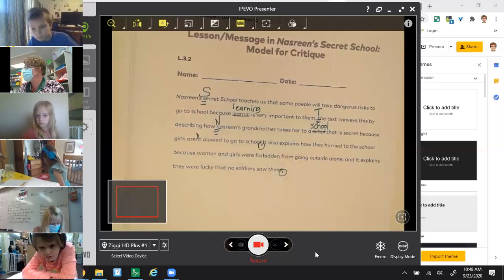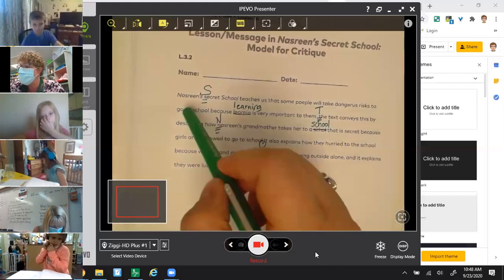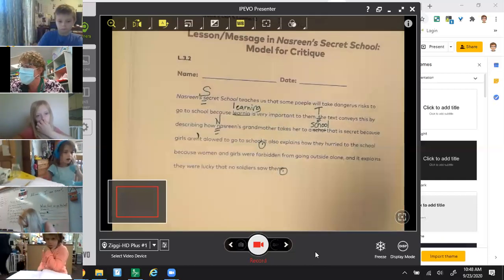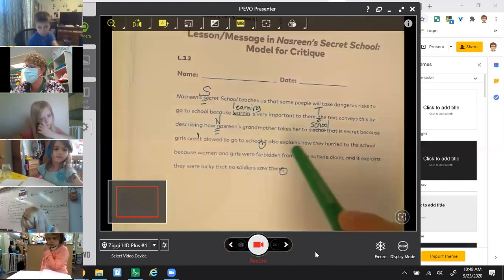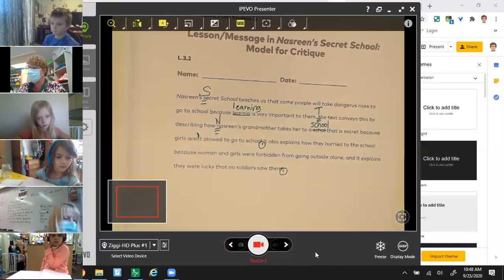Is that a good first sentence? Yep. The text conveys this by describing how the grandmother takes her to her school that's a secret. Then it also explains how they hurried to the school because women were forbidden from going outside alone. And it explains they were lucky the soldiers saw them, so getting all those details.